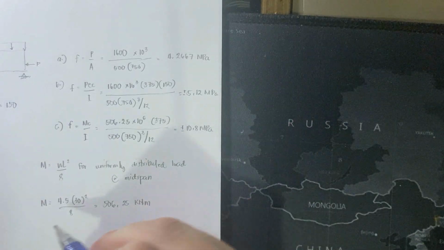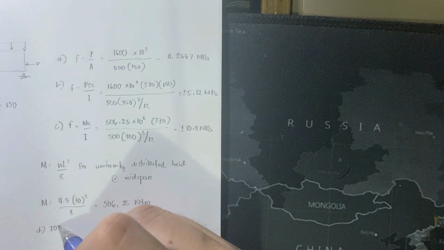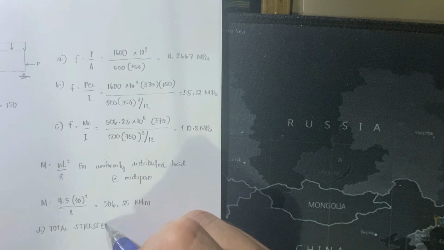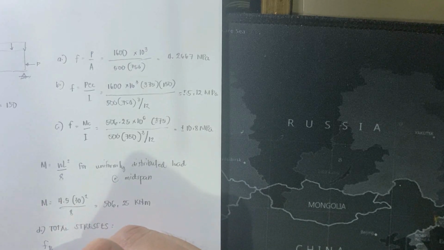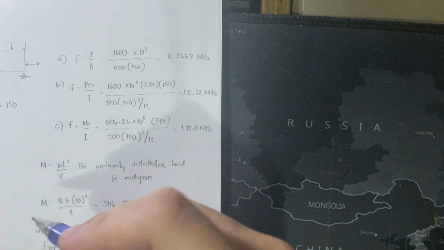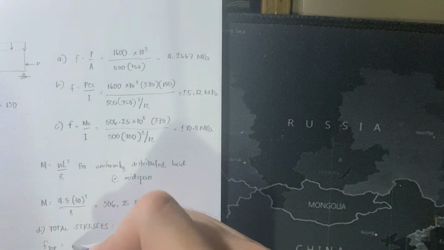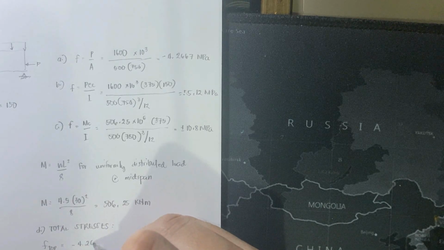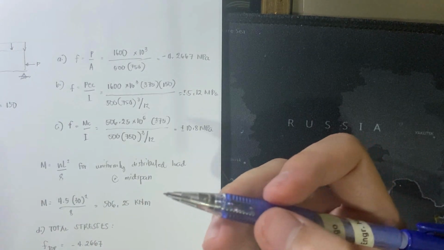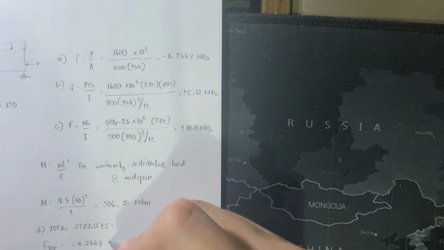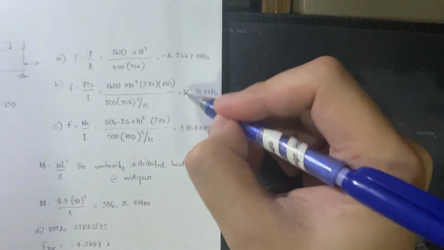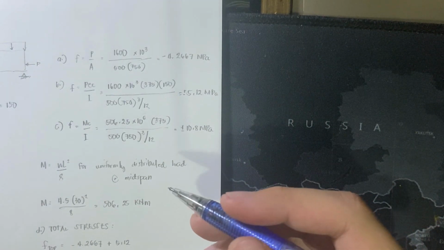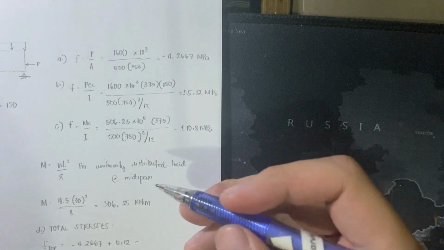So para makuha natin yung letter D, yung total stress natin, so yung force sa top, so kunin natin yung actual natin, which is always negative dahil compression yan, so negative 4.2667 plus yung flexural stress due to the pre-stressing tendons at dahil yan ay nasa taas, so nagkakaroon tayo ng tension, so that would be positive 5.12.